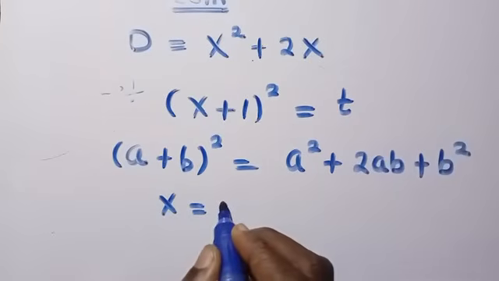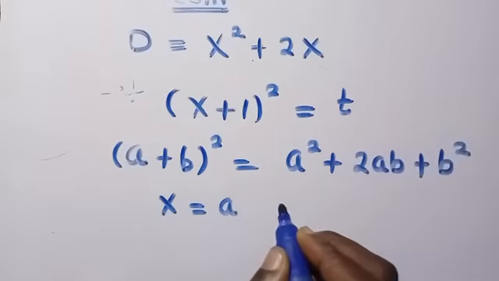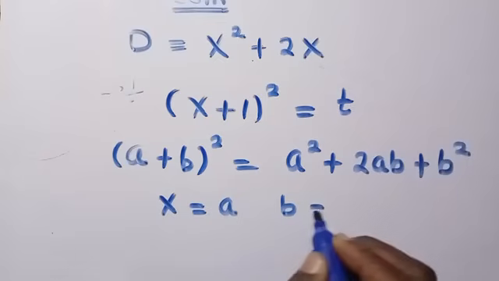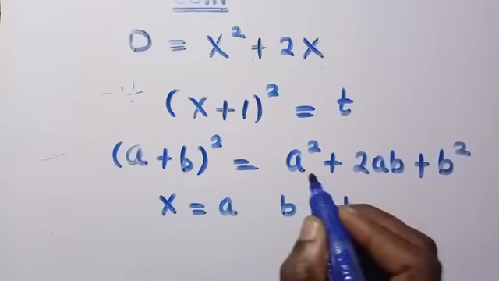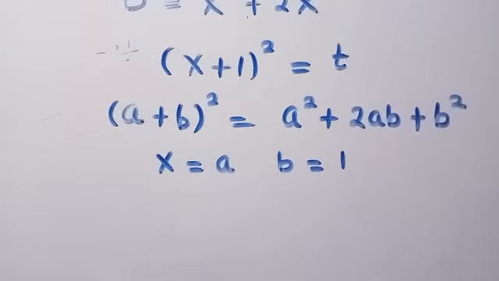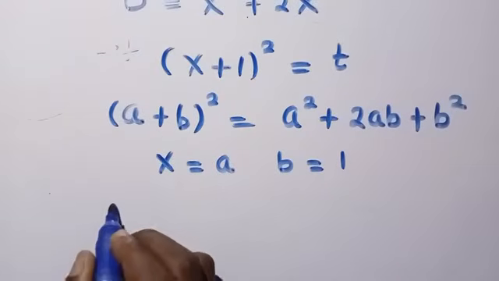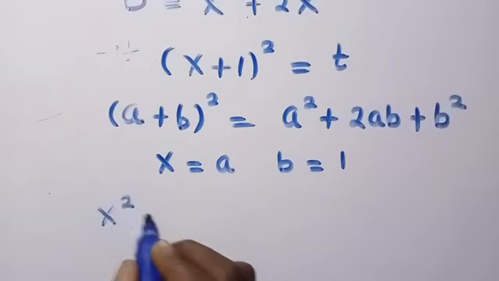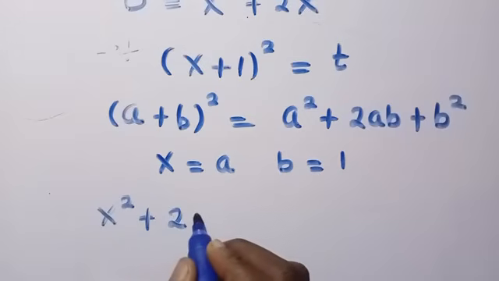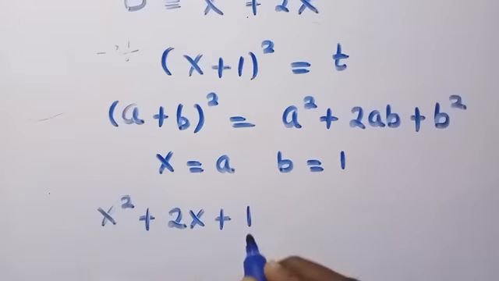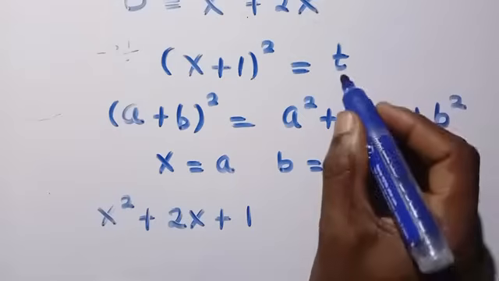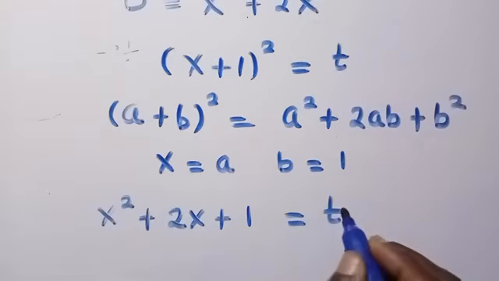If x equals a and our b here equals 1, we expand this out, and what we have here is x squared plus 2x plus 1. And everything here equals t.